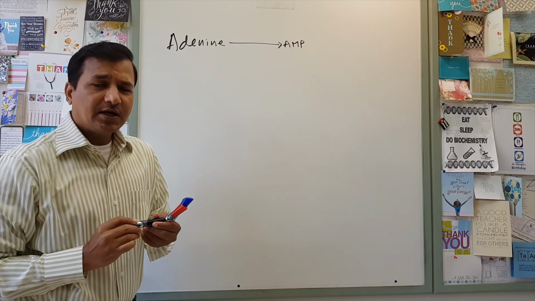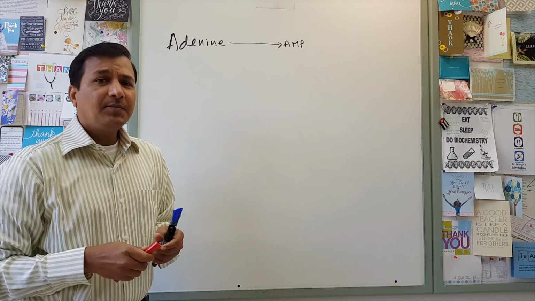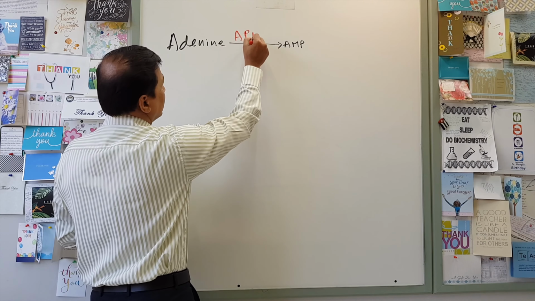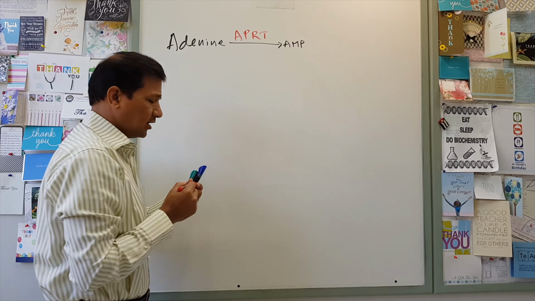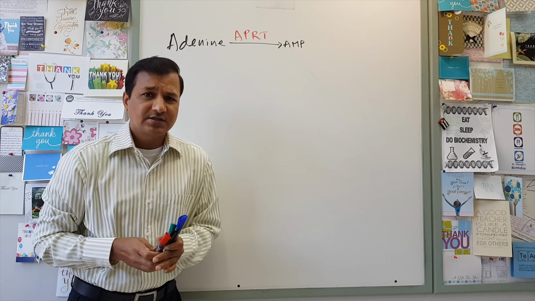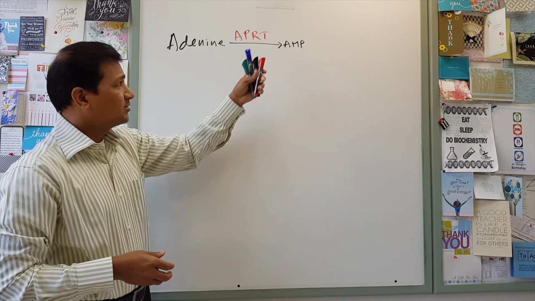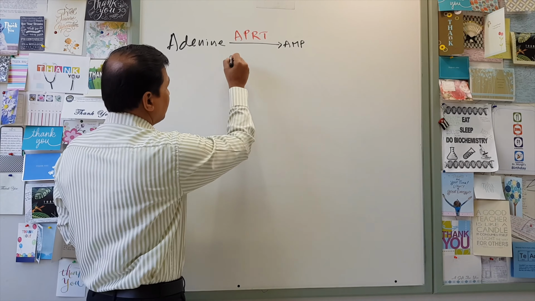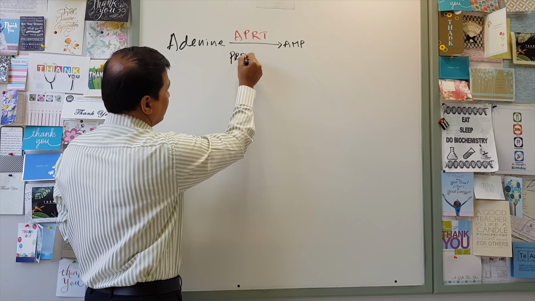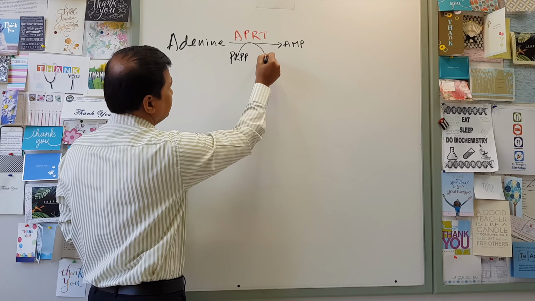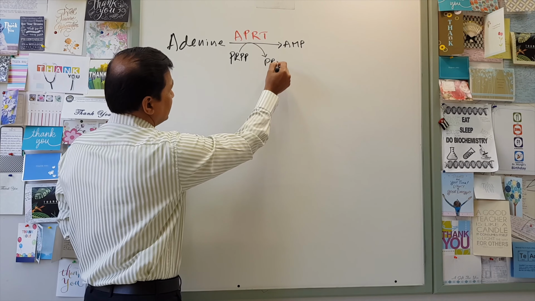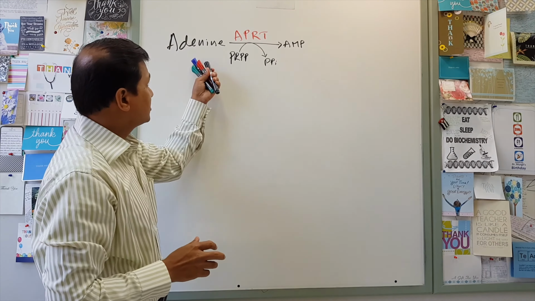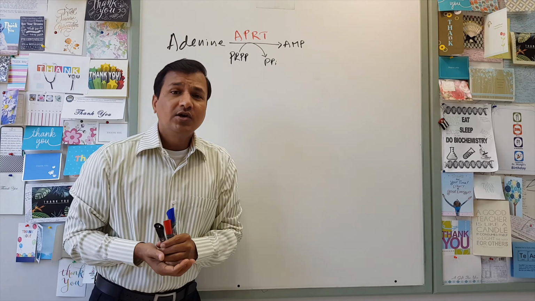This job is done by an enzyme called APRT, adenine phosphoribosyl transferase, one of the purine salvage enzymes. It takes PRPP, phosphoribosyl pyrophosphate, into the reaction, and inorganic pyrophosphate goes out. The phosphate along with the ribose is attached to adenine, and that becomes a nucleotide.